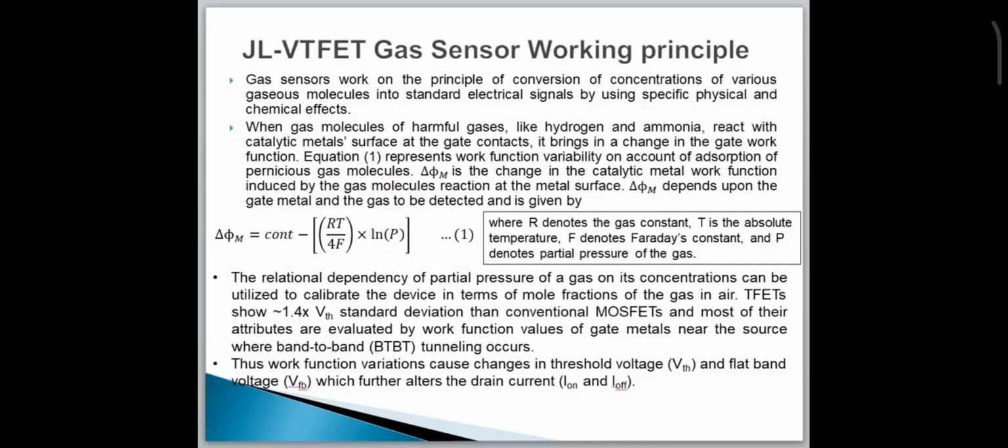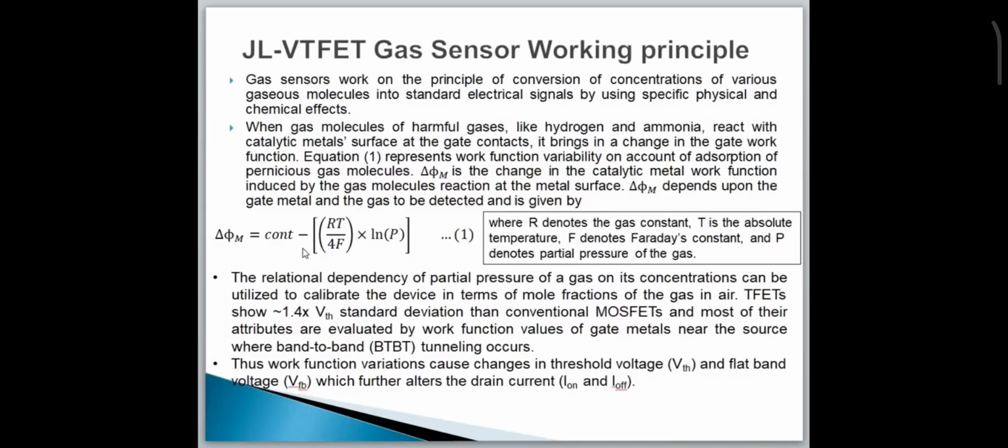Equation 1 represents work function variability on account of absorption of pernicious gaseous molecules. Delta phi m is the change in the catalytic metal gate work function induced by the gas molecule reaction at the metal surface. Delta phi m depends upon the gate metal and the gas to be detected. The formula of delta phi m is this one: this is the constant work function minus this factor.